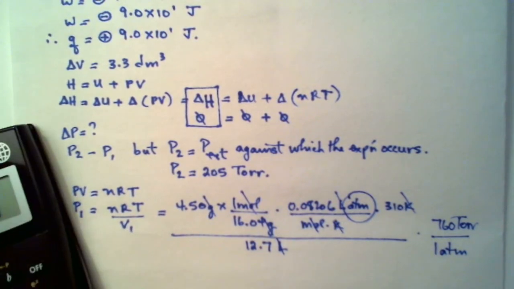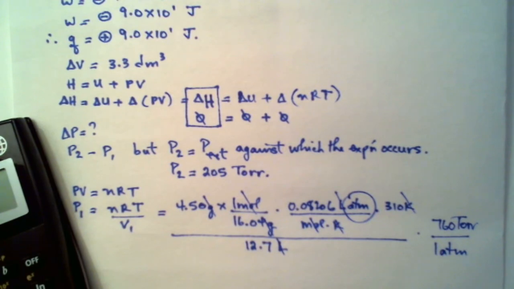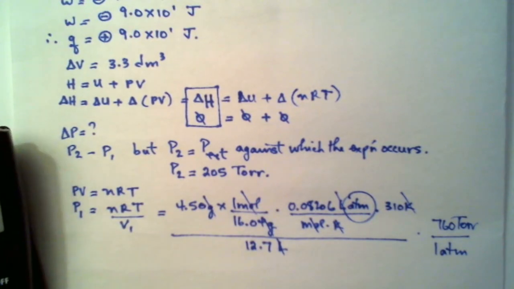Okay, so calculator again, 4.5 times 0.08206 times 310 equals, and then divided by 16.04 on the bottom, that's 7.136, and now I'm going to divide by 12.7, and so it's 0.5619, but that's atmospheres, and so we'll multiply now by 760, and we get 427.